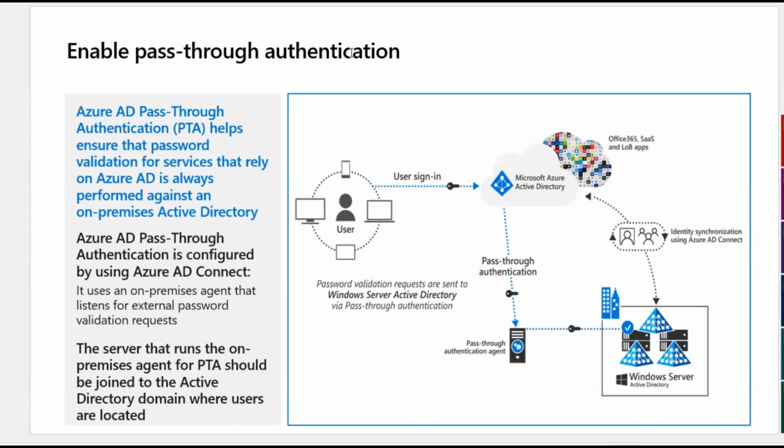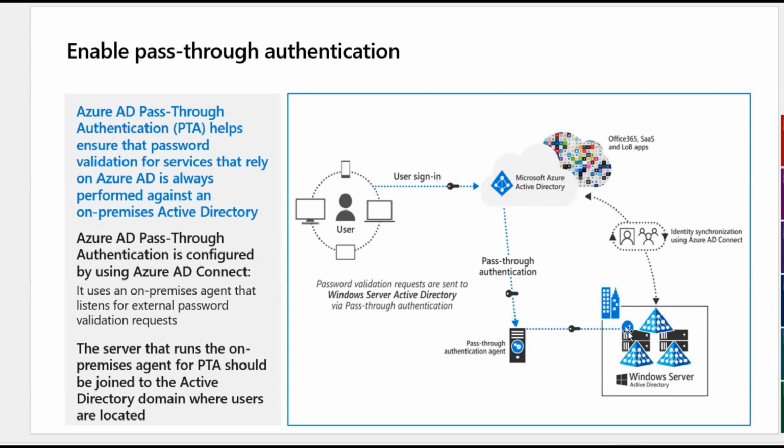Enable pass-through authentication. We talked about this one a few times. Basically, Azure AD pass-through authentication helps ensure that password validation for services that rely on Azure AD is always performed against the on-premises AD. That means when a user tries to log into Microsoft Azure Active Directory, their username and password will be verified from on-premises with the pass-through authentication agent.